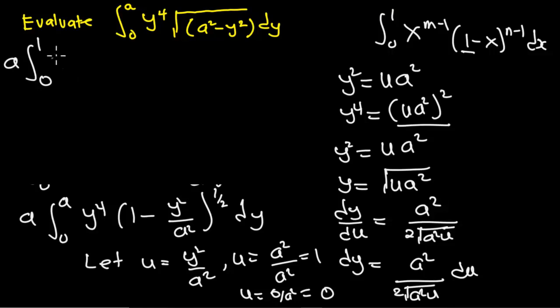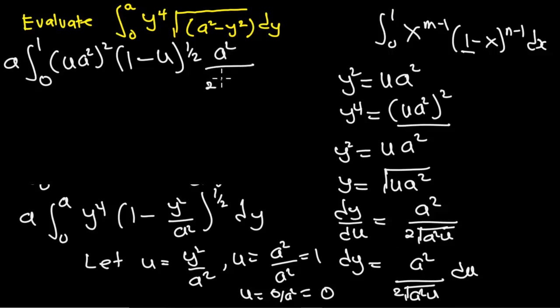So we are going to have u multiplying a squared all exponent 2 into bracket 1 minus u squared over a squared, we let u to be equal to that, so we are going to have u here all exponent half, and then the y, we have also expressed the y as a squared over 2 times the square root of a squared times u du.